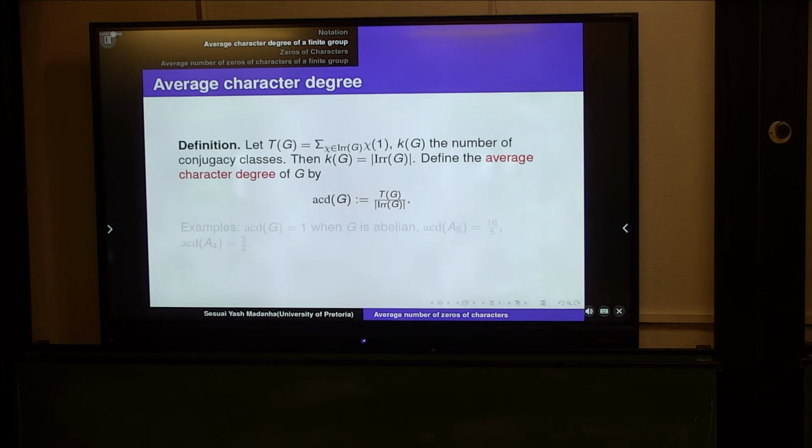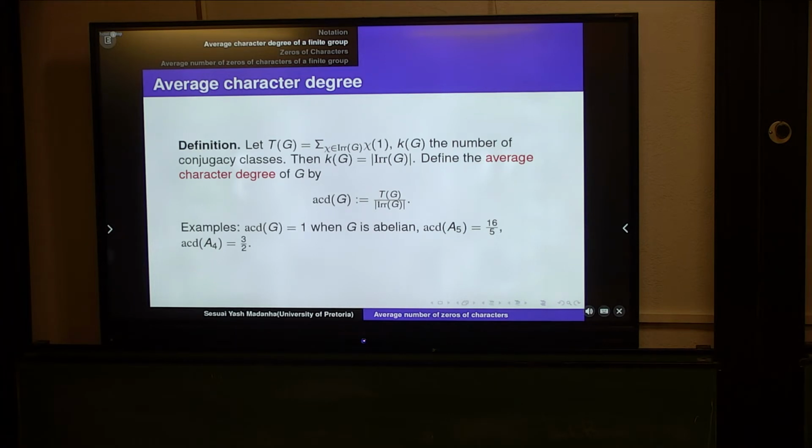As examples, if you have an abelian group, its average character degree is equal to 1, because all the characters are linear, so you count the number of characters over the number of characters, and it becomes 1.